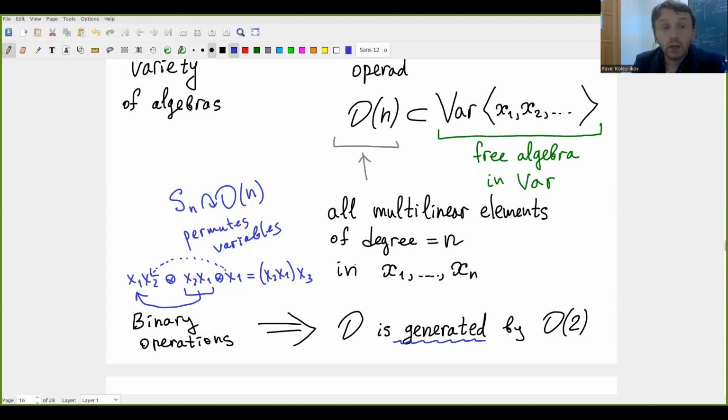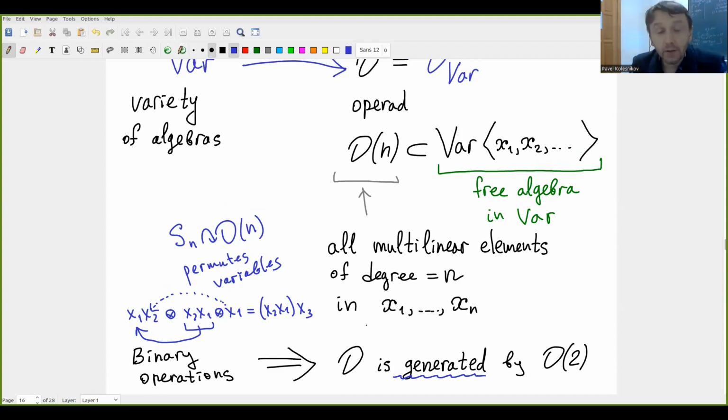If algebras in the variety var were binary algebras, then the corresponding operad is generated as an operad relative to composition and symmetric group action by the space of binary operations. So these x1, x2, along with x2, x1, they generate all possible expressions here.